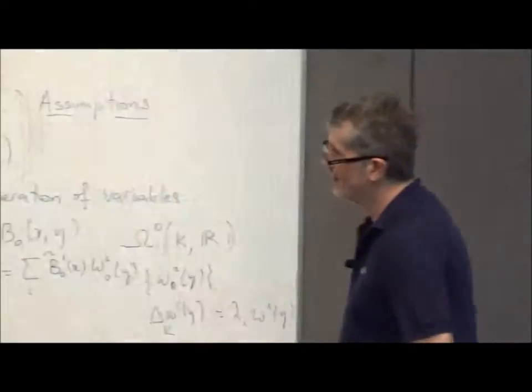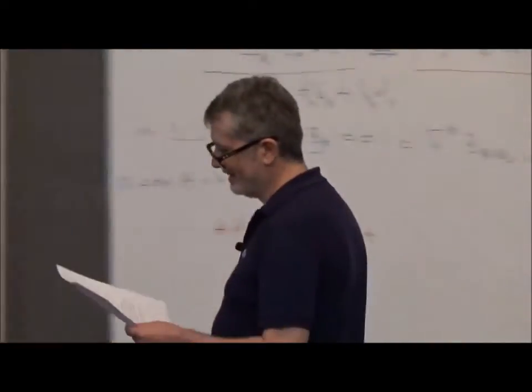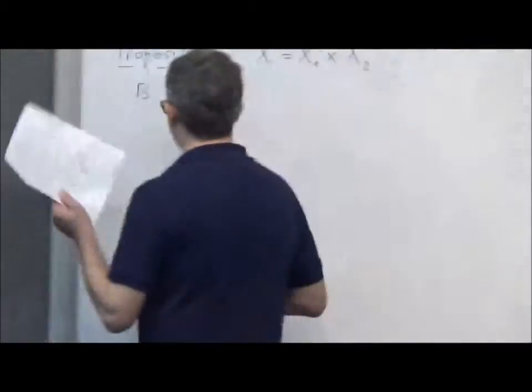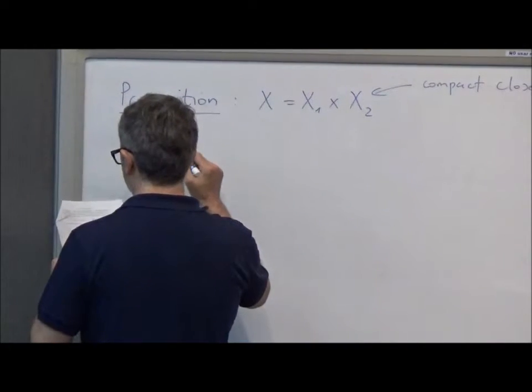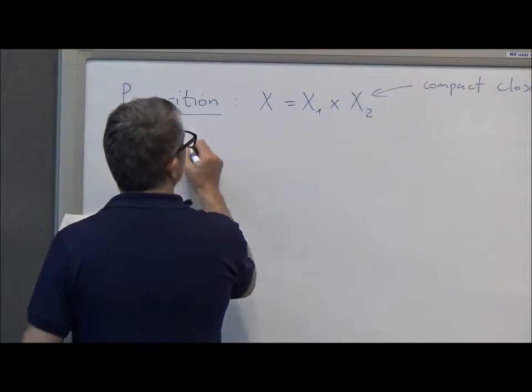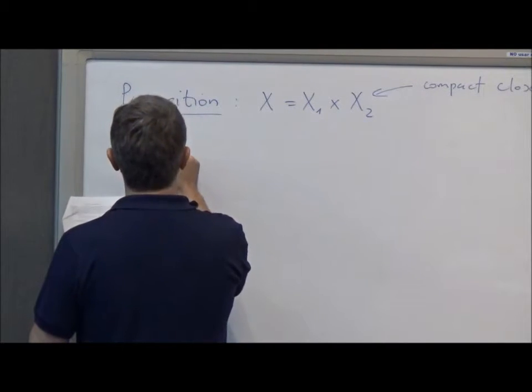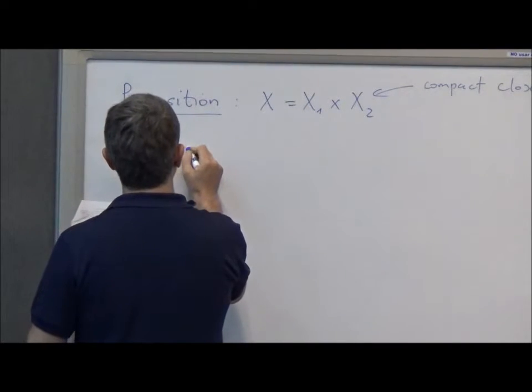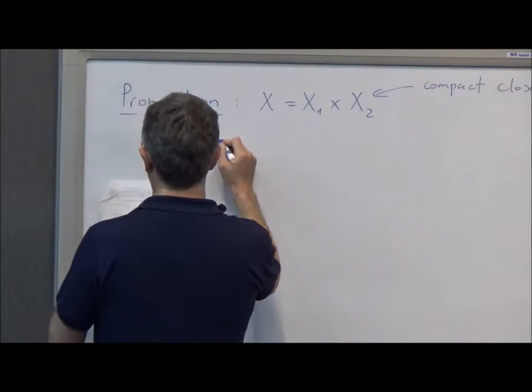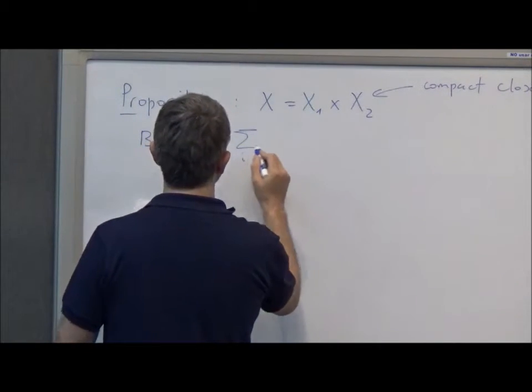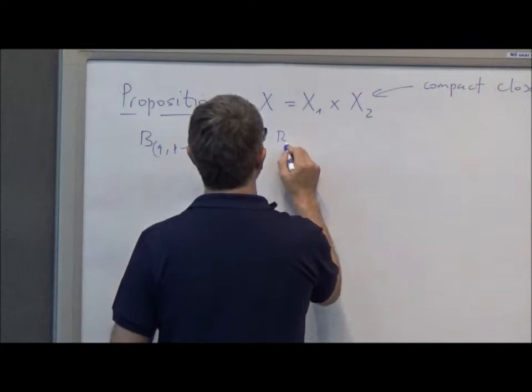Here's the thing I actually wanted to do. So B^(Q, P-Q) can be written with some indexing set. I'm not telling you again what it is.